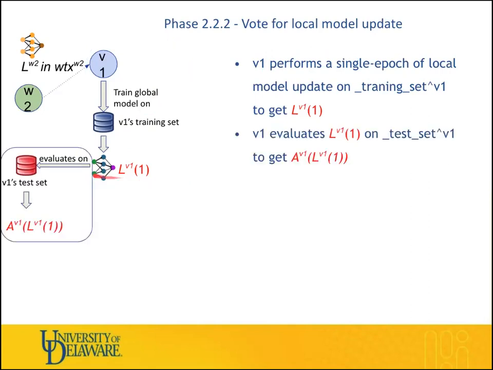Then V1 would evaluate LV1(1) on its own test set to produce an accuracy denoted as A superscript V1 of LV1(1). The capital A means accuracy. Superscript V1 means it's evaluated on V1's test set.